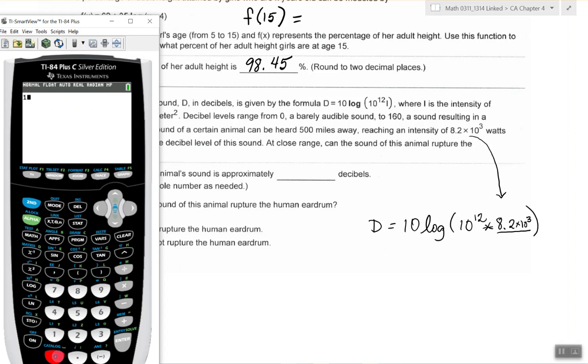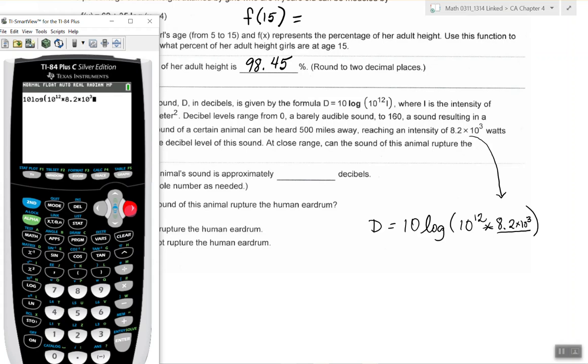It is 10, common log, there's log. The parentheses have opened. I put in 10 raised to the 12th power, get out of the exponent, times 8.2 times again 10 to the exponent, third power.